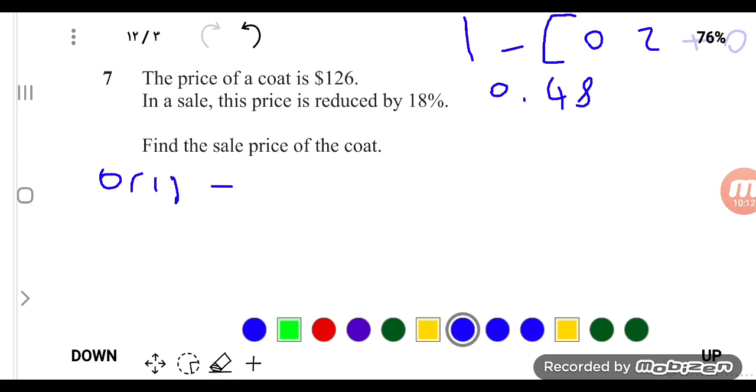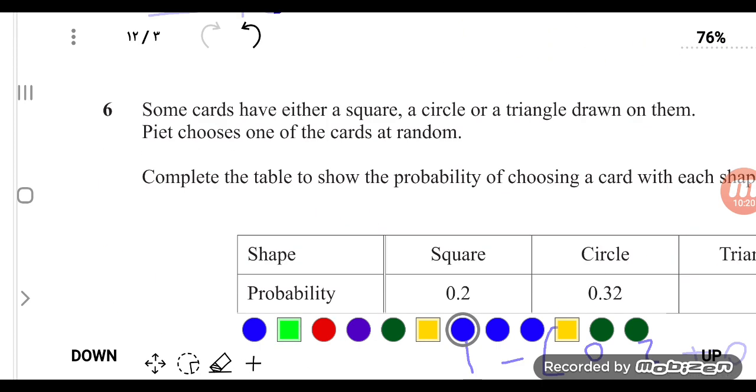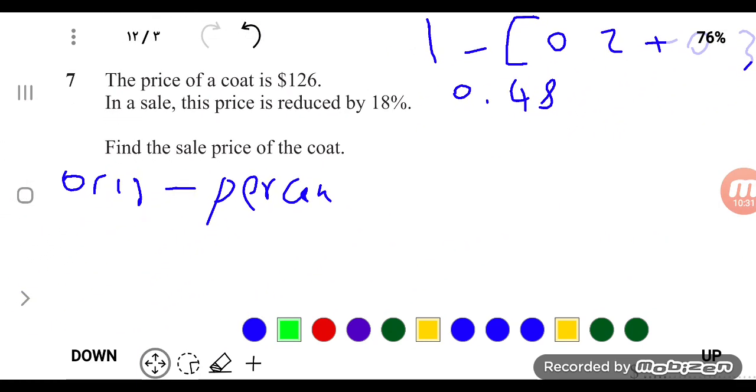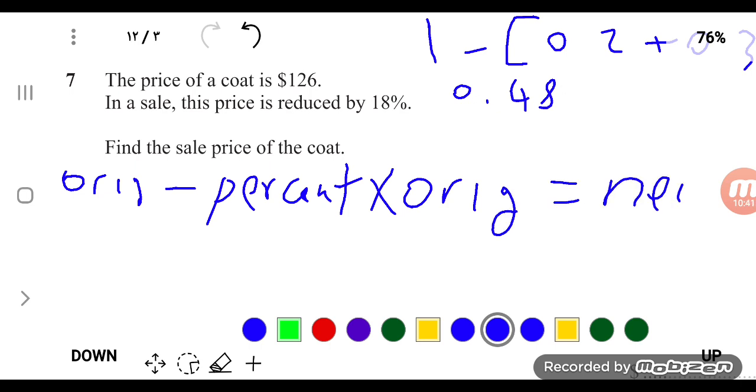Original minus percent times original equal new. So this is the way you solve. Original minus percent times original equal the new.